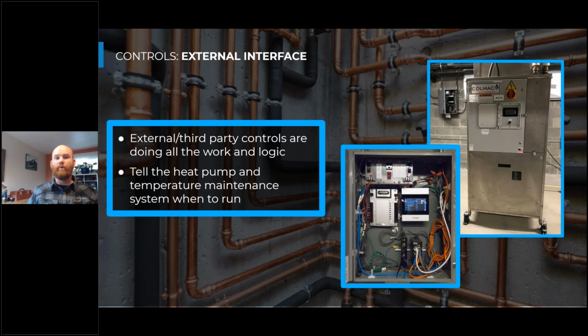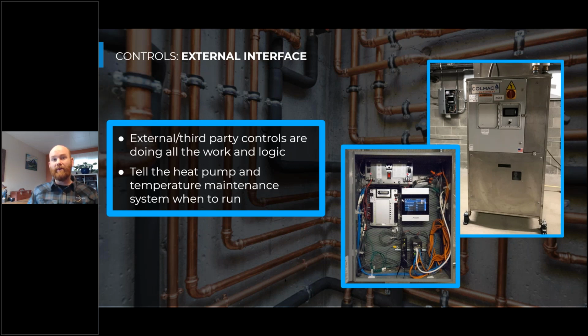We want to work with the manufacturers here because in this example, the external controller is typically controlling the heat pump when it turns on and off. The heat pump's still controlling its heating cycle and a few other things, but this controller is typically sending a closed signal to it to turn on or turn off. And so we want to work with that manufacturer to make sure that we're operating within the equipment boundaries when we're utilizing this external third-party controller.